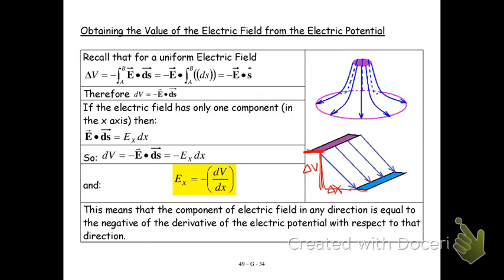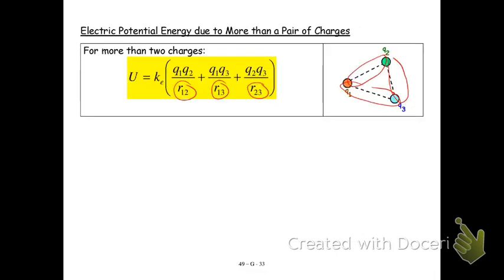And one last one, U is equal to KE, it's Q1, Q2 over R12 plus Q2, Q3 over R23 plus Q1, Q3 over R13. Let's say that. I'll be very happy with that.